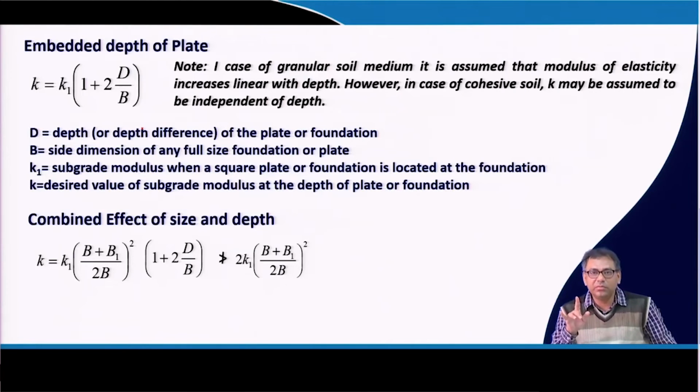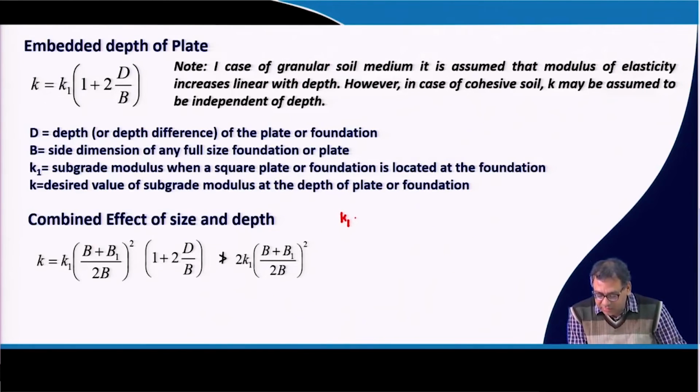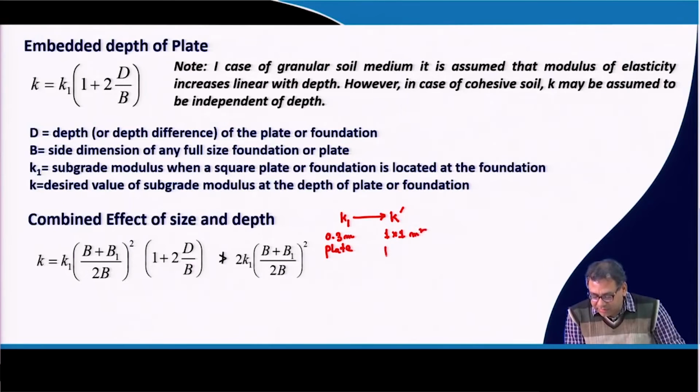So, what you will do? So, first you convert this K1 to K dash. Okay? So, first it is for 30 centimeter or 0.3 meter plate. Now, you convert it to a 1 cross 1 meter square foundation.